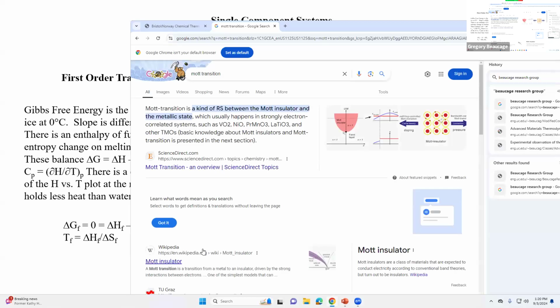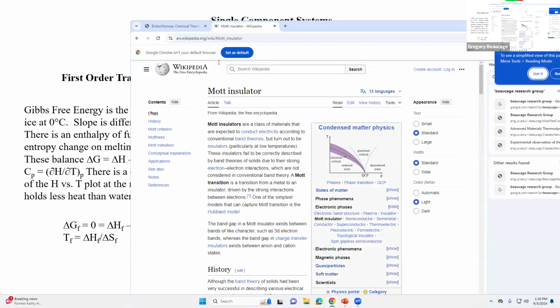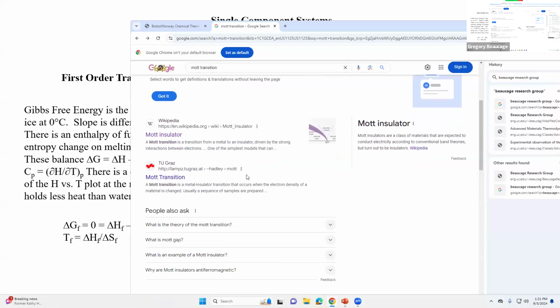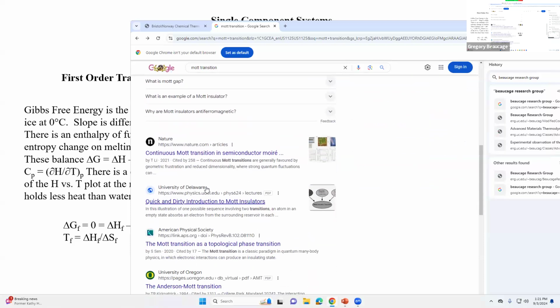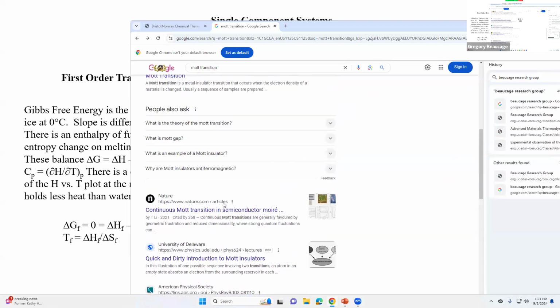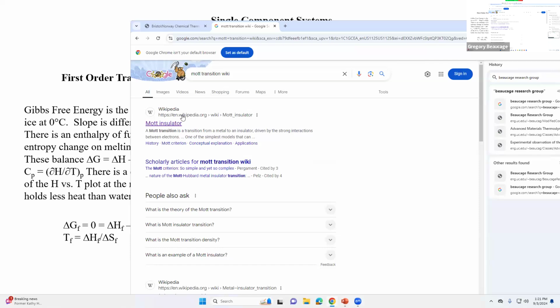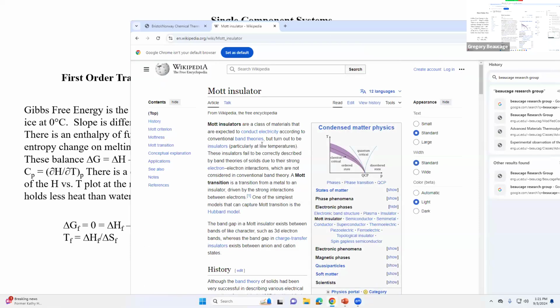This is something that, oops, that's not what I wanted. That's not what I need there. Maybe there is no wiki page for that.